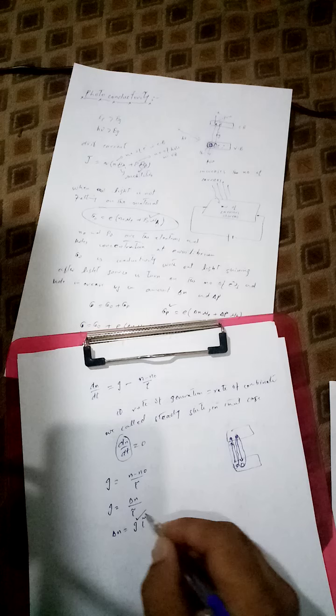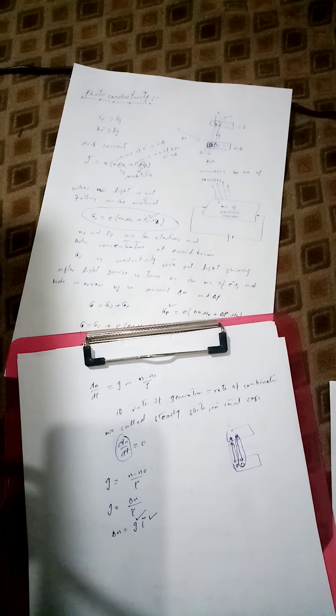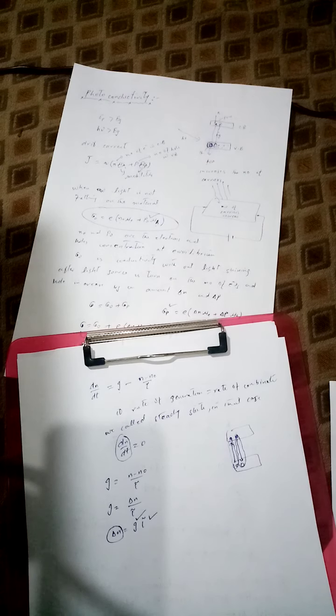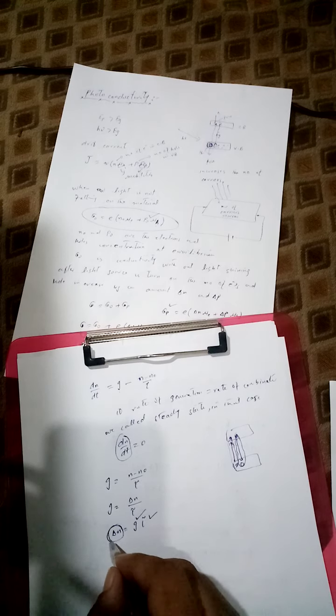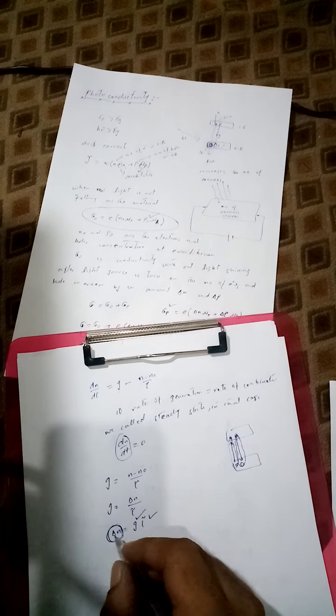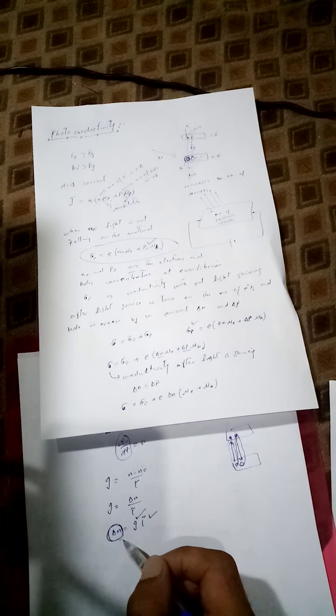So if we know the rate of generation and the lifetime of carriers, then we can easily calculate the number of electrons or holes due to the incident light. So this quantity is also known now. If we put this in the relation, then all the quantities will be known.